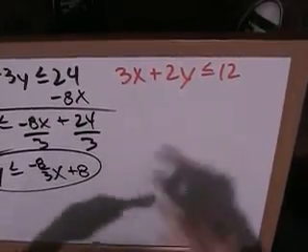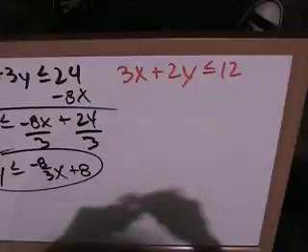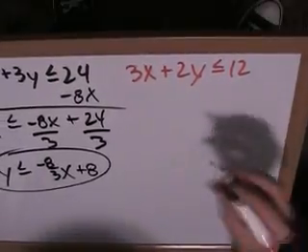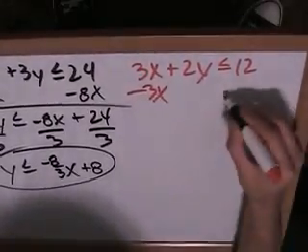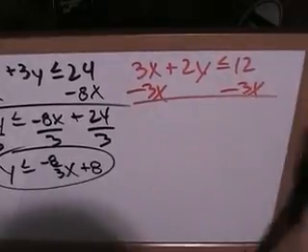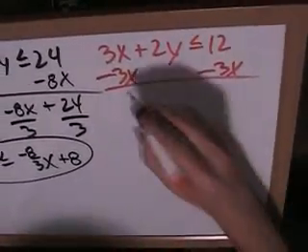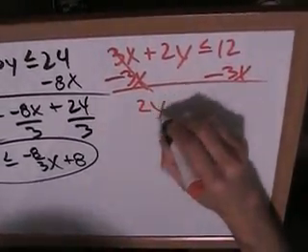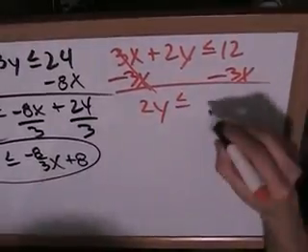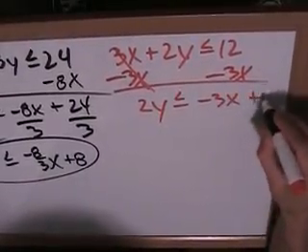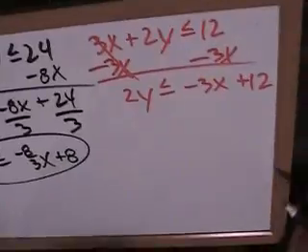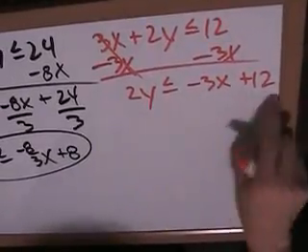So similarly, I want to get that y by itself. First I'll move those 3x's to the other side. So minus 3x, these are gone. 2y is less than or equal to negative 3x plus 12. Now I'll divide by 2 here, here, and here.